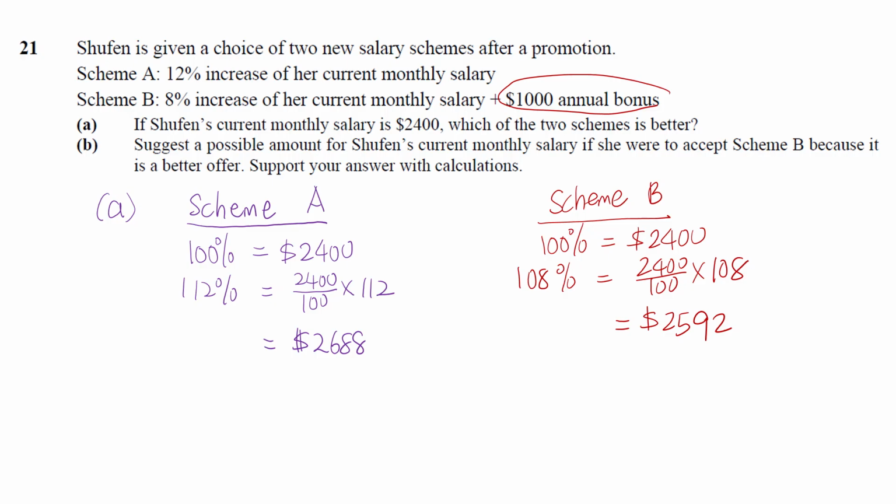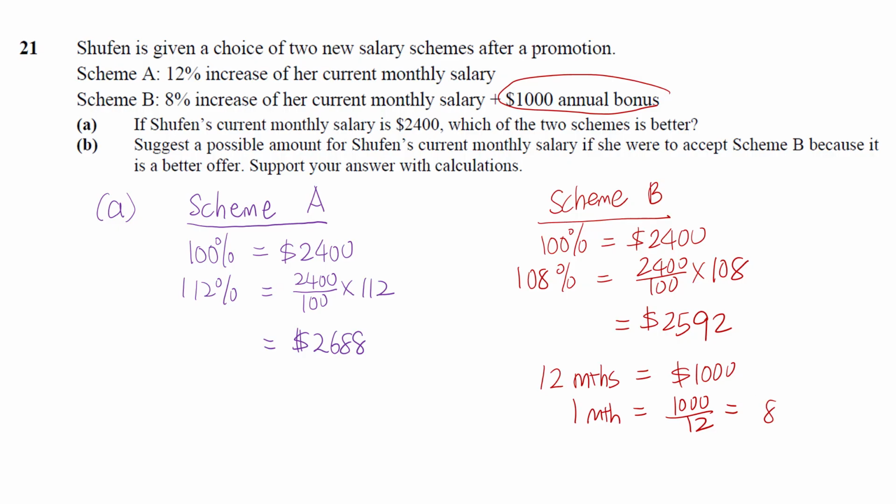So this 1,000, she's going to get it. Annual means per year. So in 1 year is 1,000. So 1 year represents 12 months. So 1 month will represent 1,000 divided by 12, and that gives you $83.